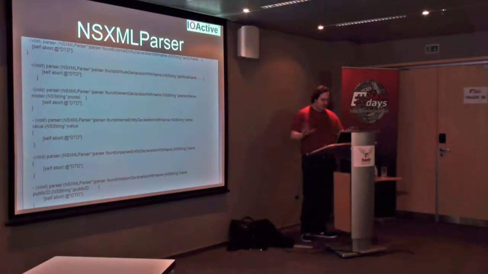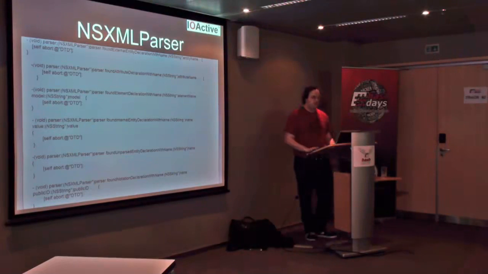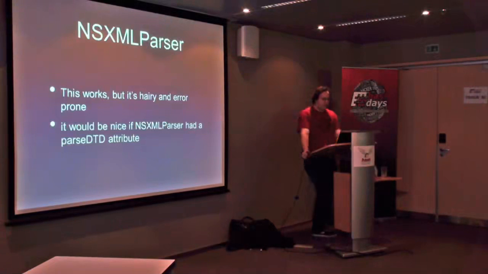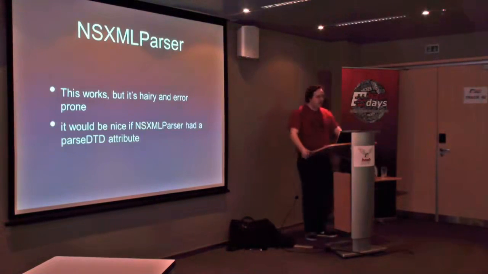I don't trust that. Fail, right? That's how you fix it. So it's not great. It's hairy. It's error prone, but it's not terrible either. I would have preferred that NSXMLParser had some kind of attribute where you could say, don't do DTDs. It doesn't have that. But the fix is basically to implement all the DTD callouts and say, if one of them gets hit, then we just fail.